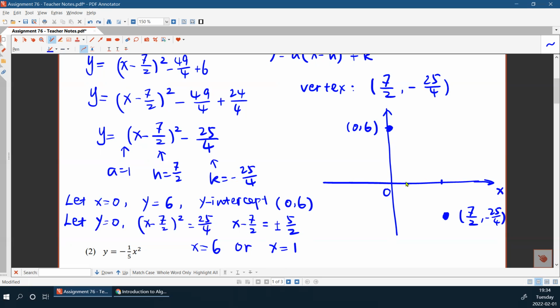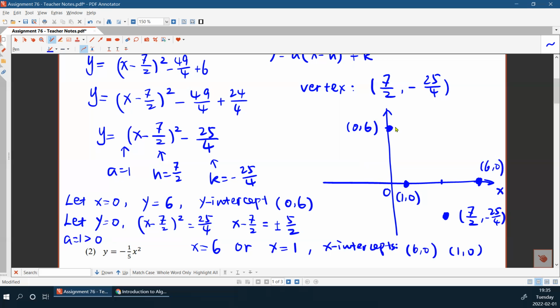One of them is 1, 0, which is here. The x-intercepts are 6, 0, and 1, 0. 1, 0 is here, and 6, 0 is about here, okay? All right, last, let's check the value of a. a is 1, and apparently 1 is greater than 0.